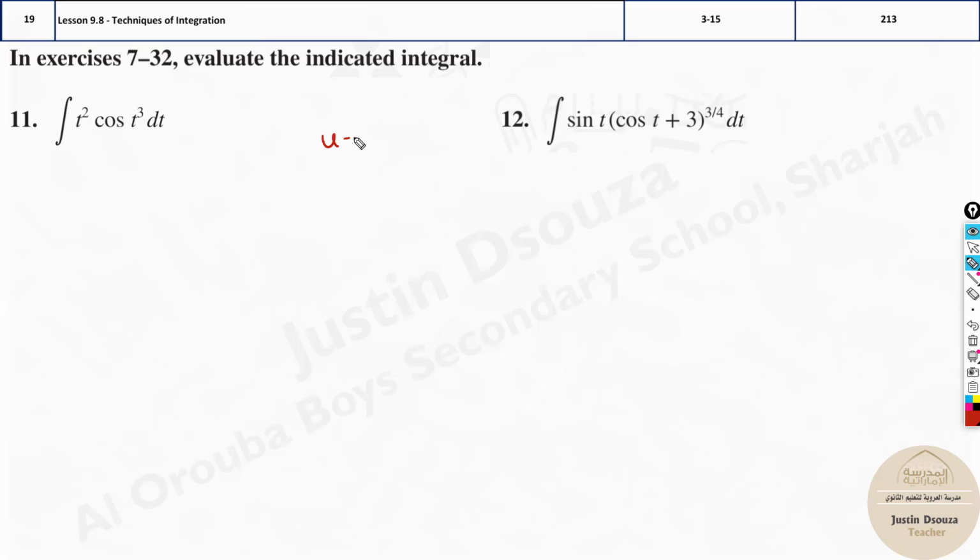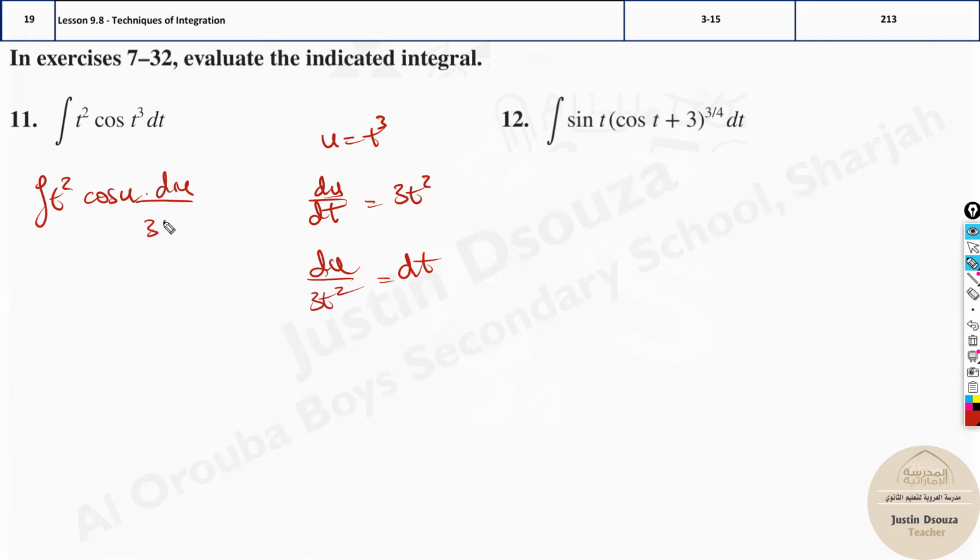Now what you do is take u as t to the power 3. So du by dx, now it's not dx, it's related to dt. So du by dt will be 3t square. And du by 3t square will be dt. So now I know all the substitutions over here. T squared, let it be cos u into du by 3t squared.